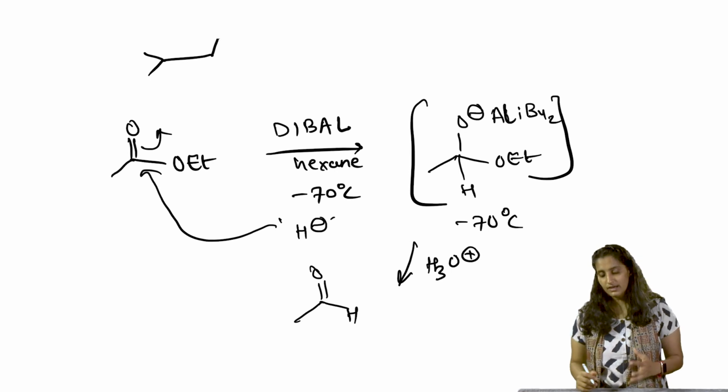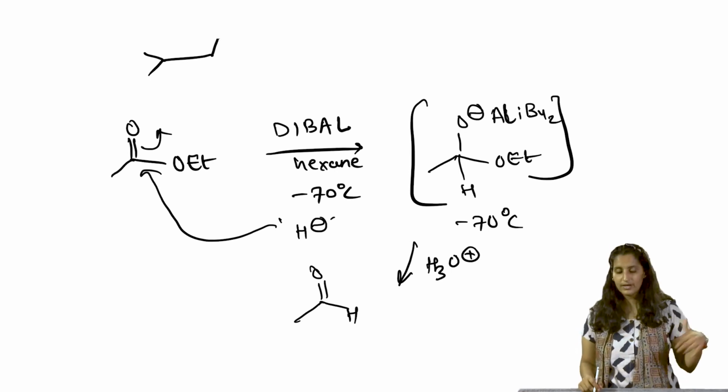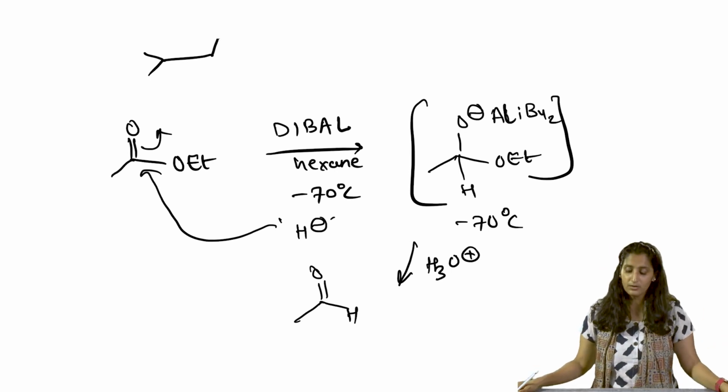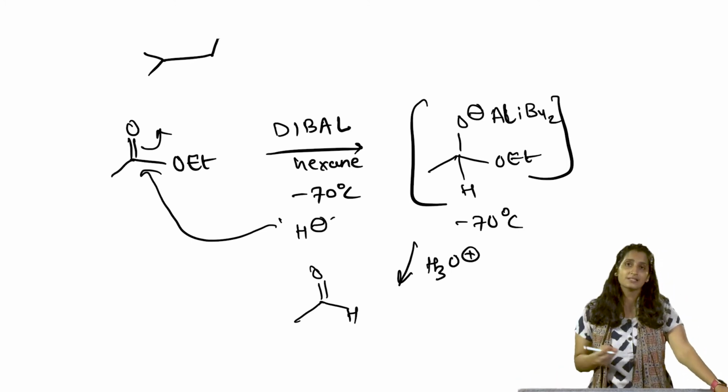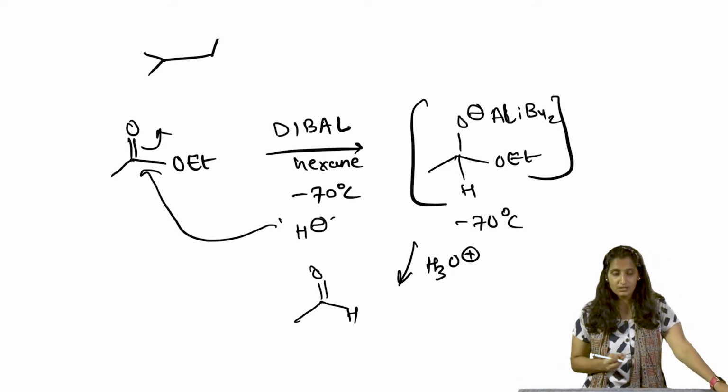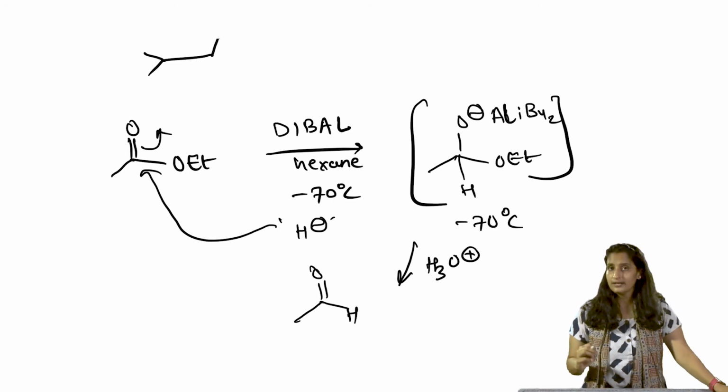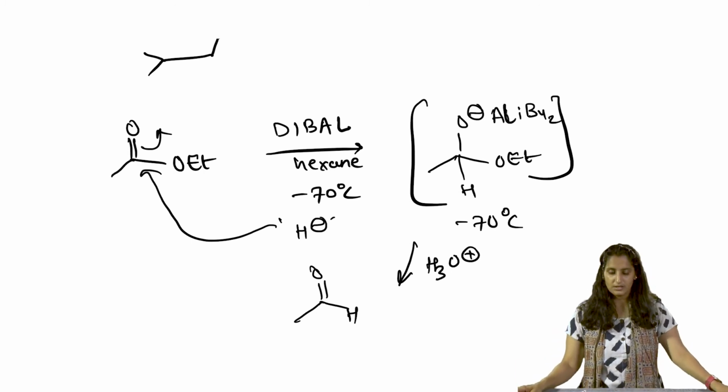The only reason why DIBAL does not go all the way to the corresponding alcohol is that we are doing this reaction at a very low temperature and thus stabilizing the tetrahedral intermediate, and that is one way to form the aldehyde. So, DIBAL is one reagent that we wanted to introduce here.